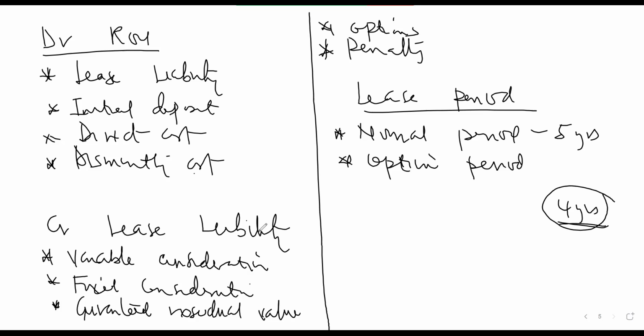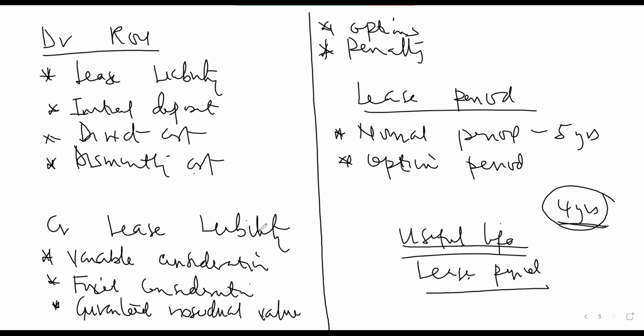Sometimes you'll be given the useful life of the asset and you'll be given the lease period. Under normal circumstances, the lease period should not be more than the useful life. Why should you be saying that the asset has a useful life of 5 years and you are leasing the asset for 8 years?